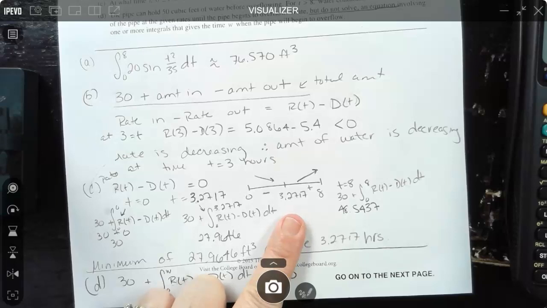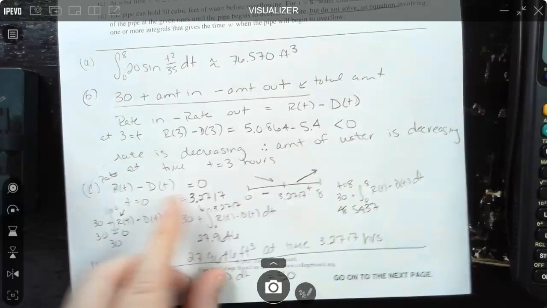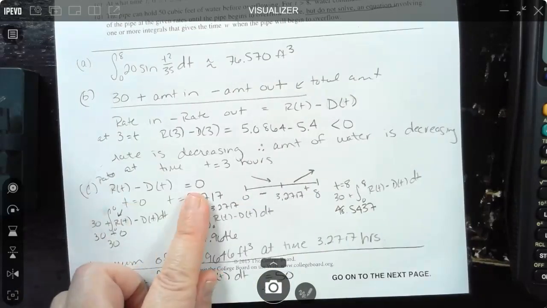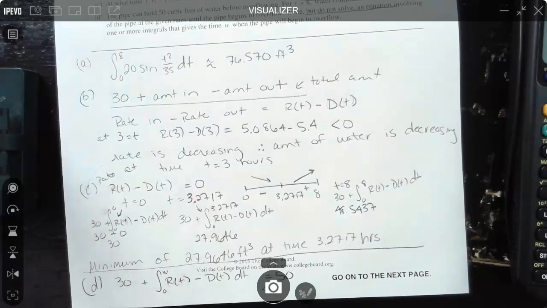Did you consider R of t minus B of t equals 0? So that's their first point. They give you a point for doing R of t minus B of t equals 0. And then you get 1 point for the answer, and then the justification is 1.